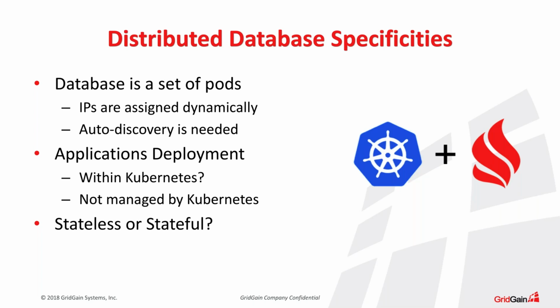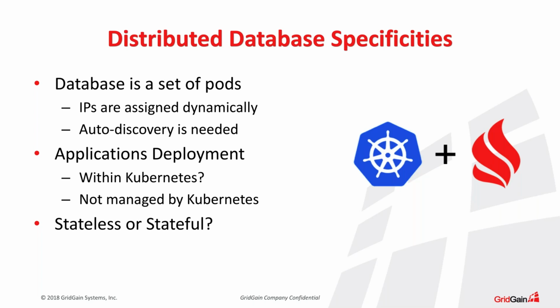But with a distributed database, it's much more challenging. Because as we know, a distributed database, again, is a set of Kubernetes pods. Every pod has its own unique IP address. And here it's not clear how an application deployed outside of Kubernetes is going to connect to our Kubernetes cluster. So there are different scenarios.